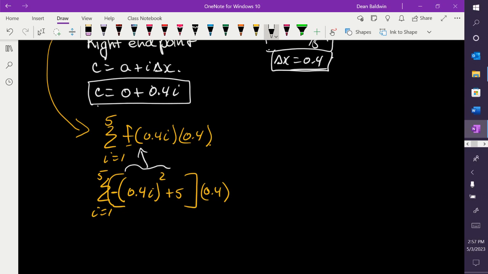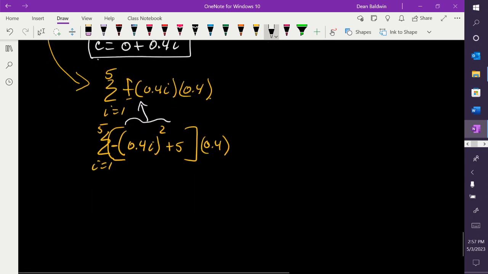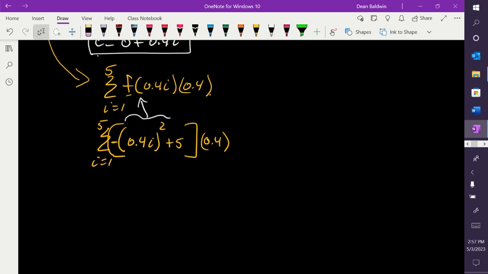I can't have f here, right? I know what the function is. Say this is like f of 2. It has a value, right? It's the height. Are we okay? So now we're going to do this. The sum from i equal to 1 to 5 of 0.4. What's 0.4 squared? 0.16.